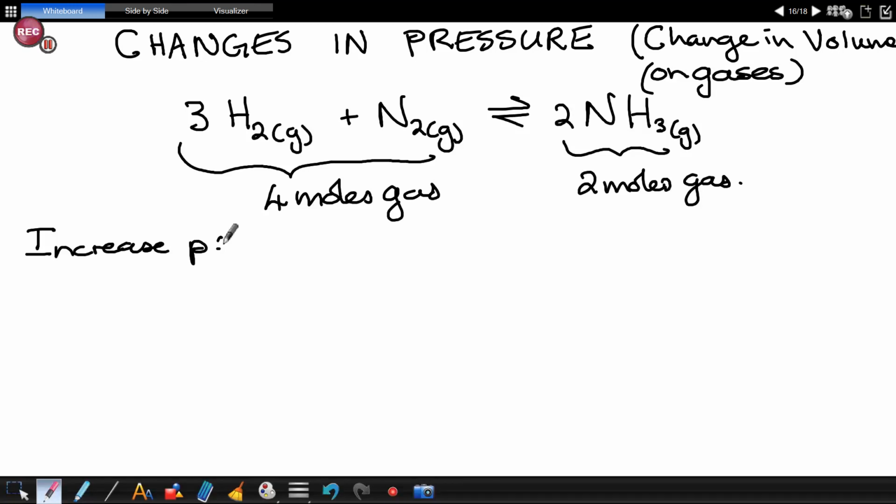The forward reaction produces 2 moles this way. Can I say it again? The 4 moles of gas exert a bigger pressure than 2 moles of gas.